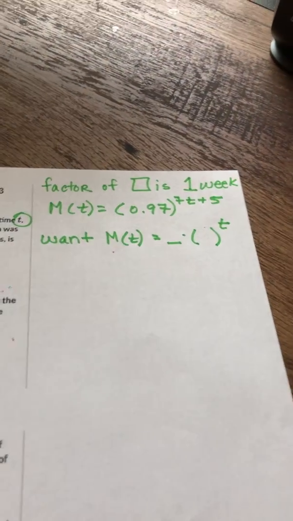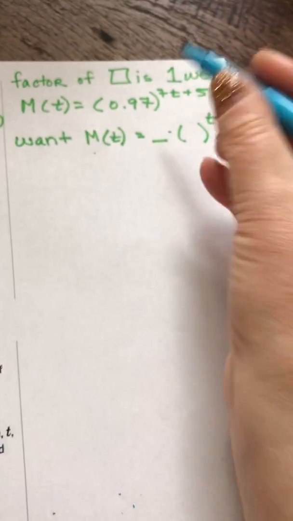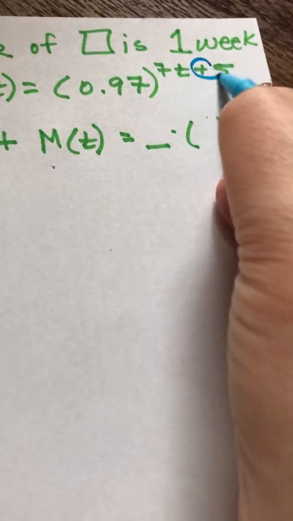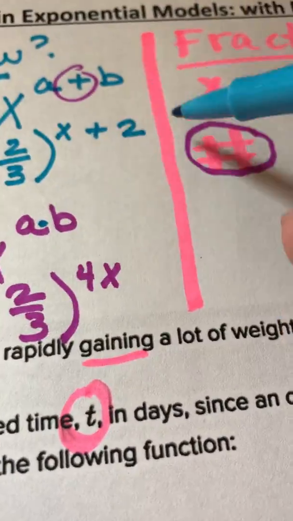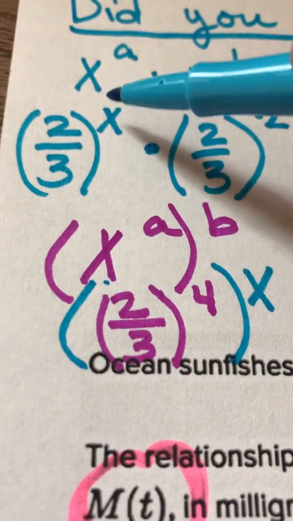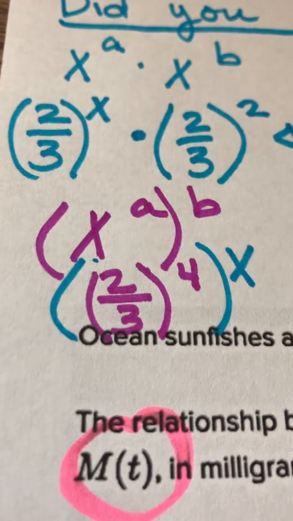This is kind of like what we did on the last problem. First, we're going to separate this addition. And remember, addition goes to multiplication. Like if you have 2/3 to the x plus 2, we have 2/3 to the x times 2/3 to the 2.